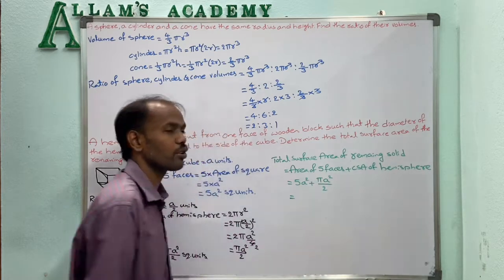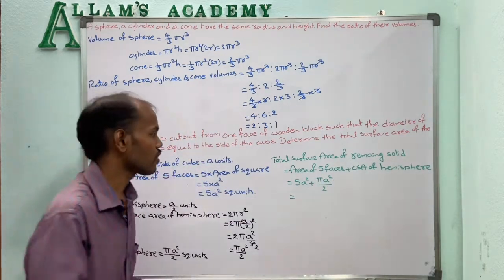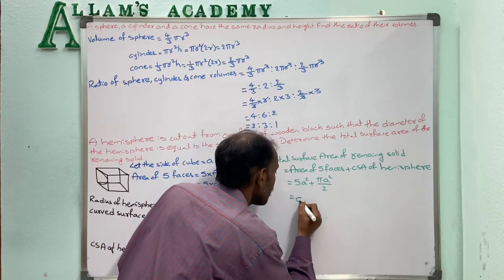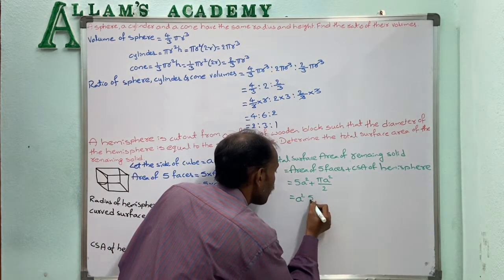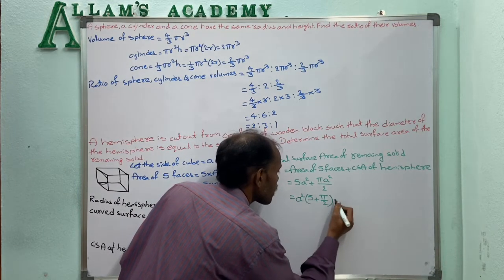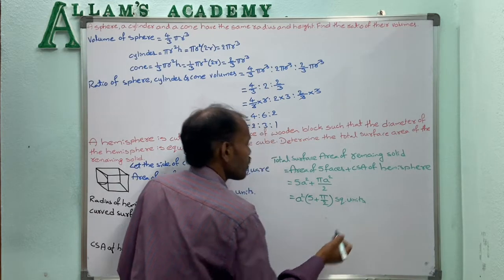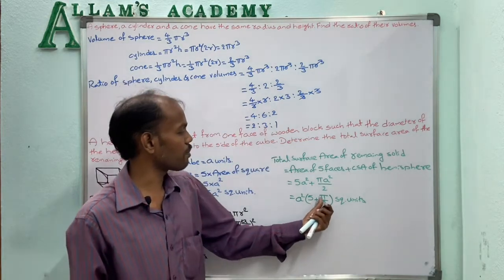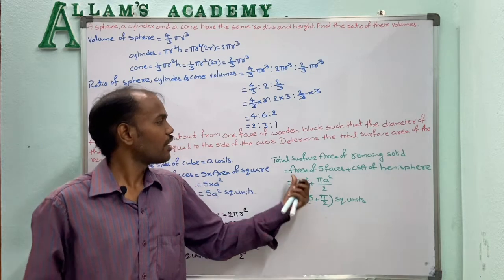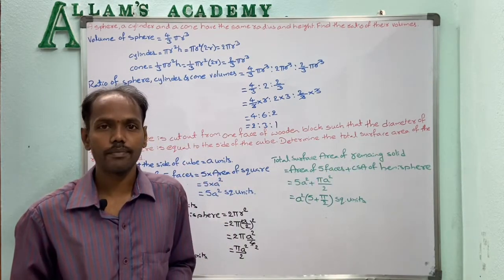Here a square is the common term, so taking a square common, a square into 5 plus pi by 2 square units. So this is the total surface area of the remaining solid.